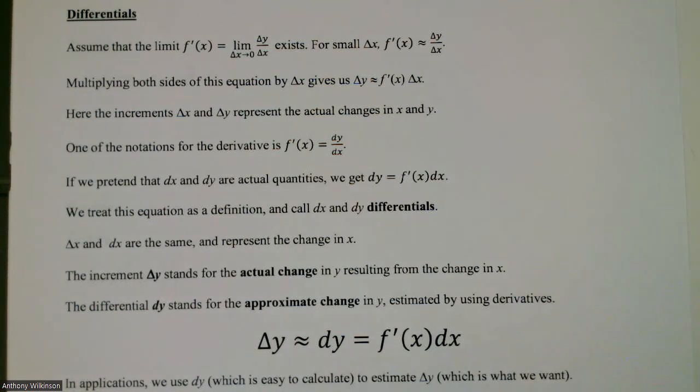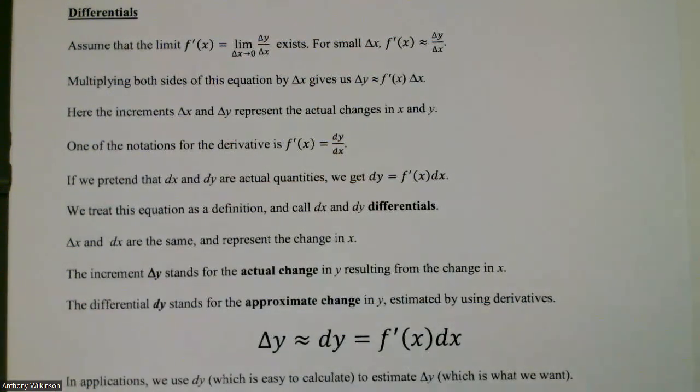And here delta x and dx are the same and represent the change in x. The increment delta y stands for the actual change in y resulting from a change in x. And the differential dy stands for the approximate change in y estimated by using derivatives. So here we're going to be using delta y, and that's going to be approximately equal to dy, which is equal to f prime of x dx.